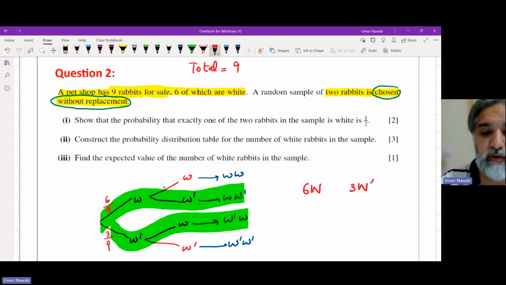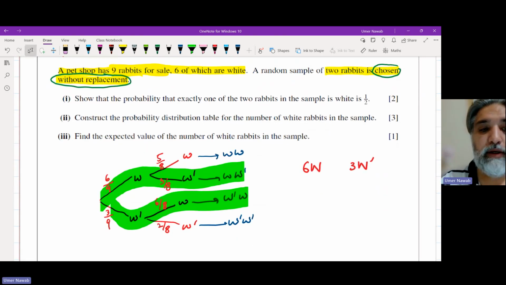Didn't I tell you this is a without replacement question? So white will be how much now? 5/8, and this is 3/8. This is 2/8, and I'm going to write it here, 6/8.